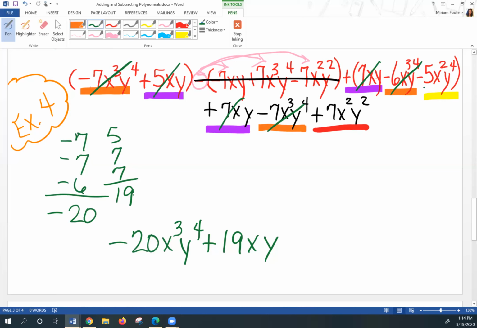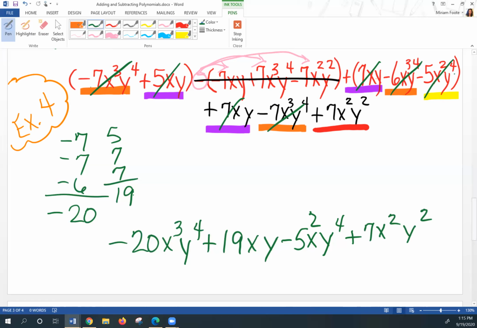It really doesn't matter, but I'm going to choose this one because even though they both have the x squared, the y has a 4, and remember we're going to count in descending order. So since that's 4 and then this is 2, I'm going to go ahead and put this one first. -5 x squared y to the fourth. And since there's not anything to go with the red, I can just bring that down, plus 7x squared y squared.